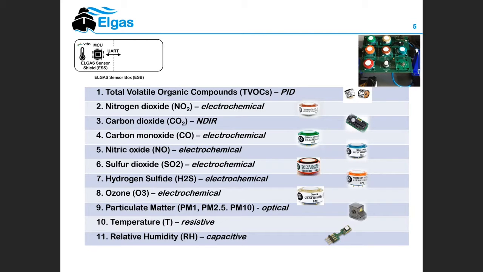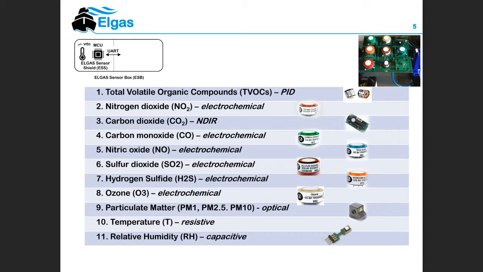So for the project, we selected roughly 11 relevant parameters, for which we also selected relevant, relatively low-cost sensors. And this is a list of them. So we have 6 electrochemical sensors for nitrogen dioxide, carbon monoxide, nitric oxide, ozone, and so on.